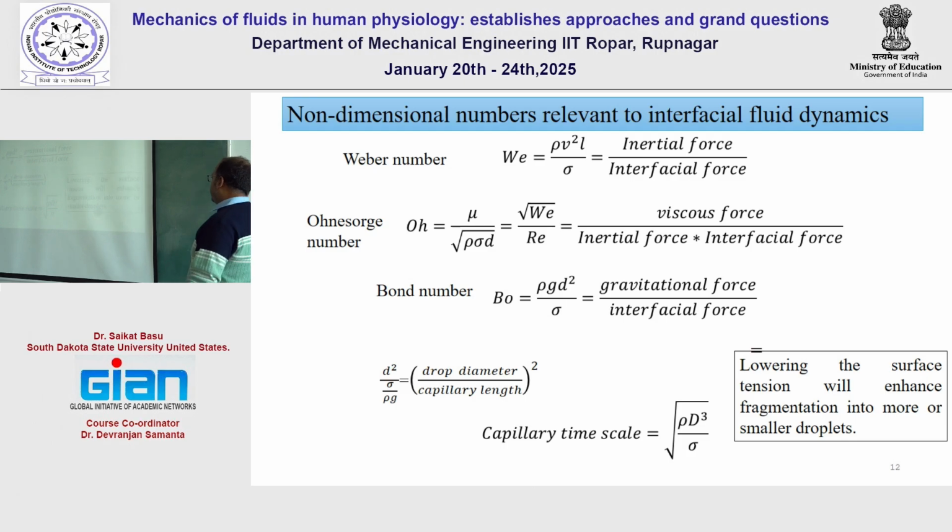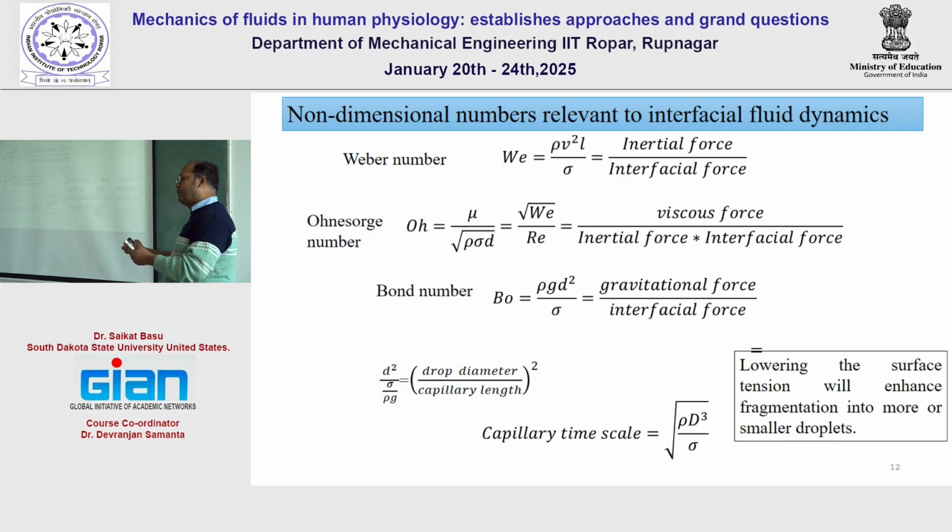Here you can see lowering the surface tension will enhance fragmentation into more or smaller droplets. This is a fact: if we add surfactant to the base water, it will be easier to form smaller droplets. In order to fragment, it essentially enhances the area, then it breaks up, so that requires some energy.